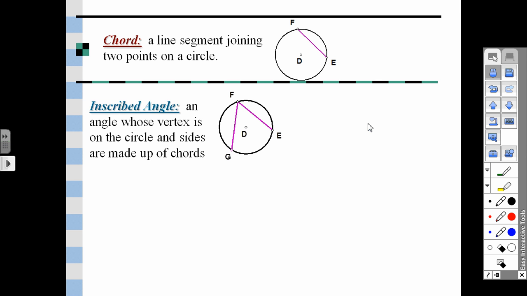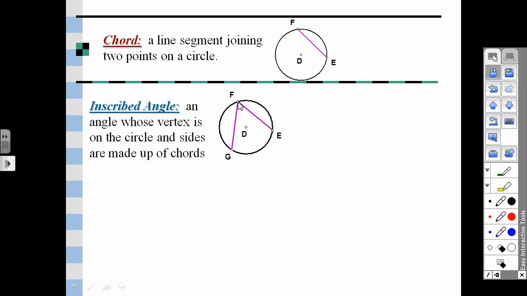We have another type of angle. I've mentioned before about the central angle, and that was an angle whose vertex is at the center. But we have another special angle, which is called an inscribed angle. And that's an angle whose vertex is on the circle. So you can see angle EFG right here.